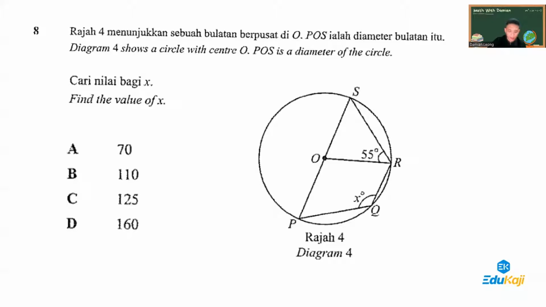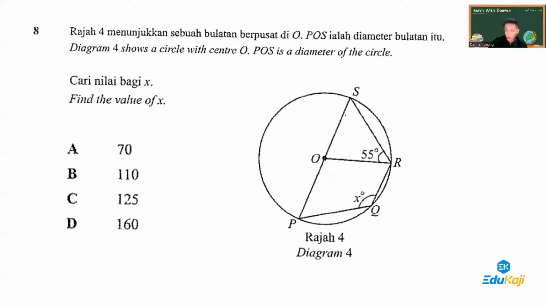And then question 8. This diagram shows a circle with center O. POS is the diameter of the circle. Find the value of x. A common mistake that a lot of people make is they treat this OPQR here as a cyclic quadrilateral, which is wrong.